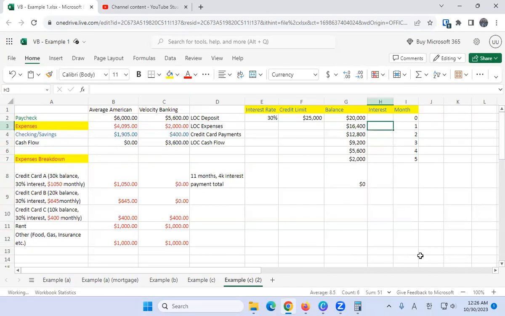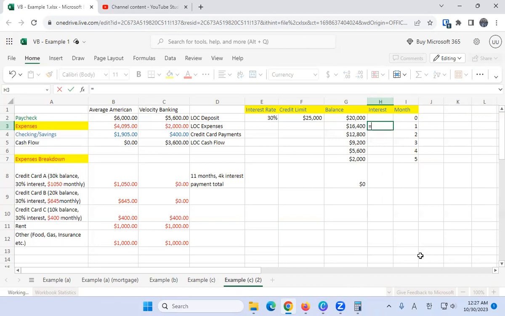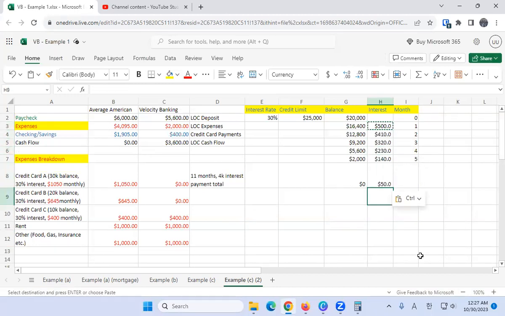And let's go ahead and calculate the interest, which is equals F. I'm getting so confused. I'll say previous months, G2 times 0.3 divided by 12. There we go. Okay. And now let's go ahead and sum this up.